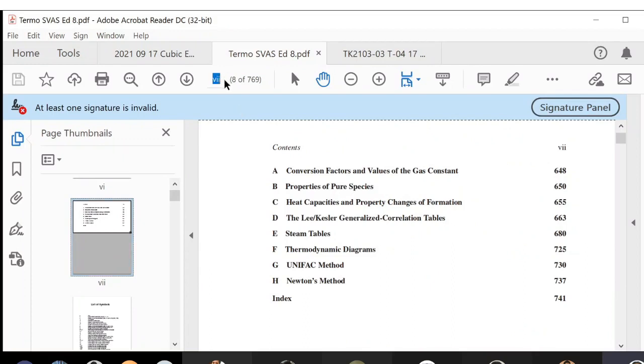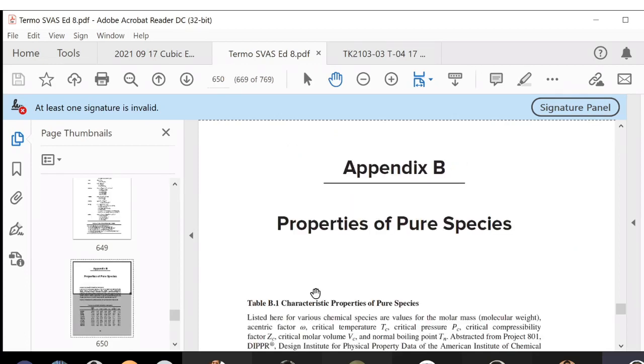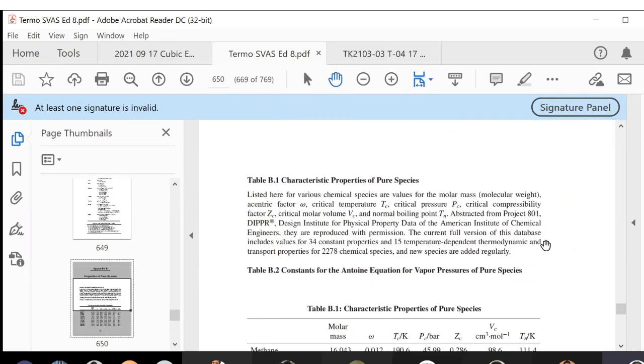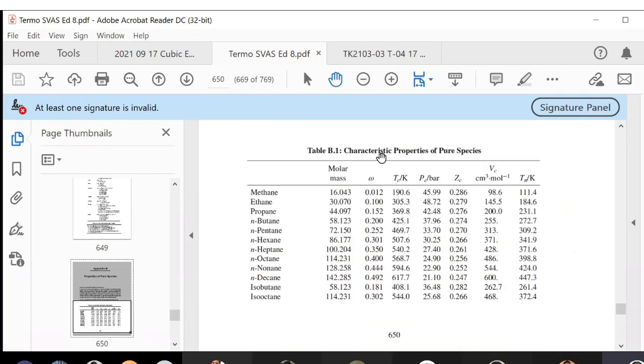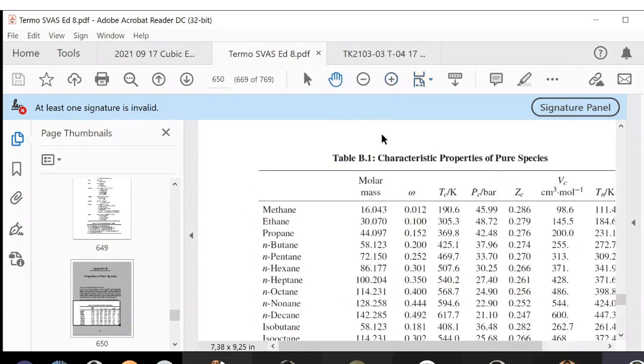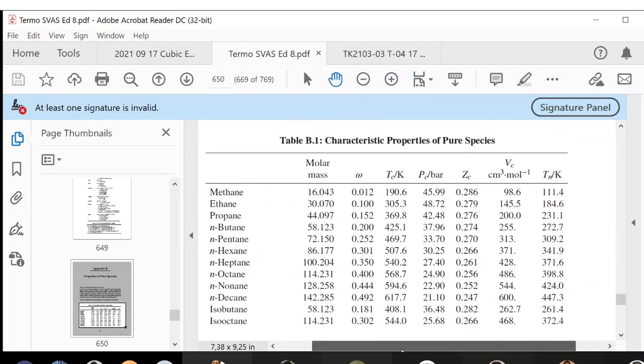So you type 650 here, enter, then you are at Appendix B. And then there is a table in Appendix B. Let me make it bigger. It was normal butane. This is the molar mass of normal butane. Normal butane is C4H10. What is the molecular weight of normal butane? Carbon is 12 multiplied by 4 is 48.